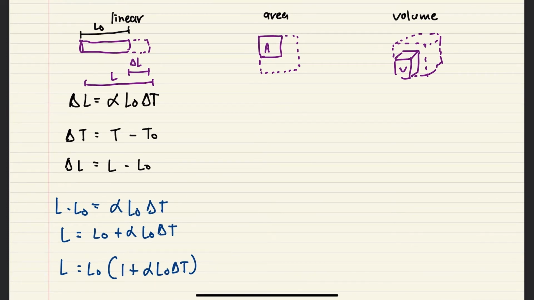And then similarly for area expansion, you have delta A equals, and here we use the symbol beta for the coefficient of area expansion, beta A0 delta T. Delta T is similar, and if we expand the formula, we will have A equals A0 times (1 plus beta delta T).